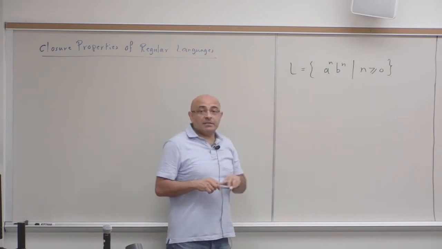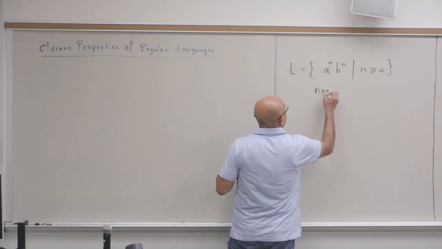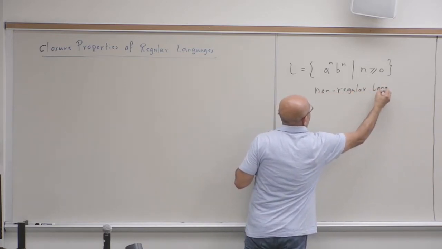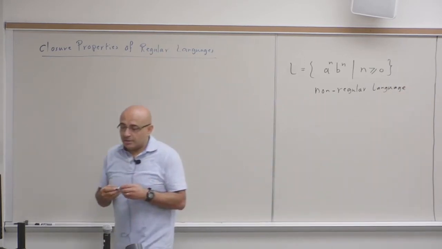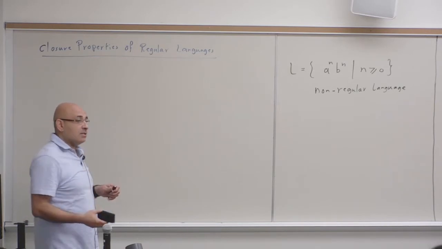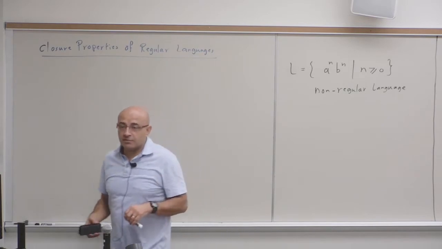So this is an example of a non-regular language. It's important to see that not all formal languages can be recognized using finite automata. And you can't write a regular expression for this either.